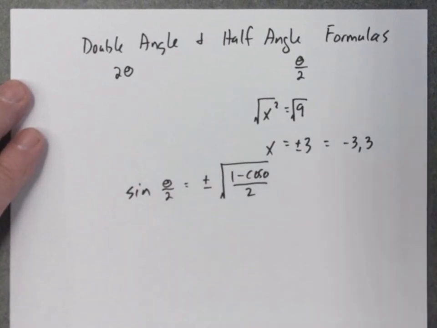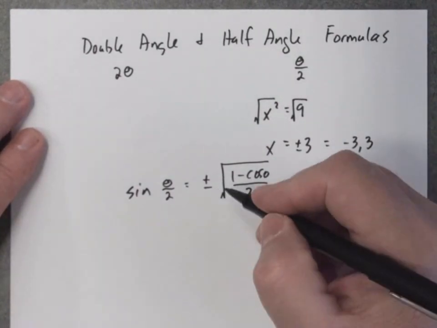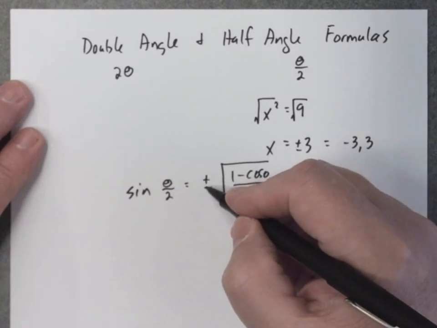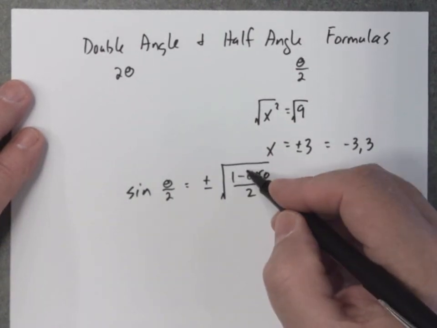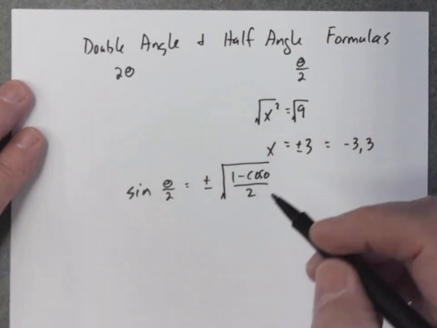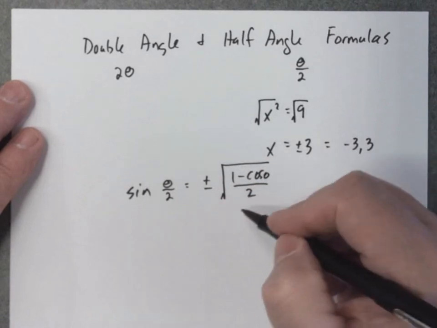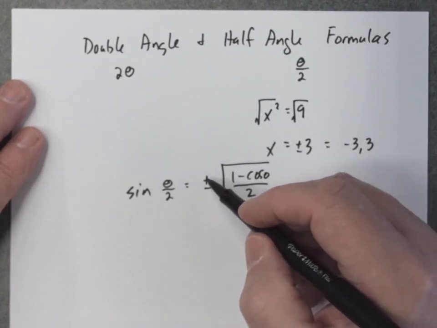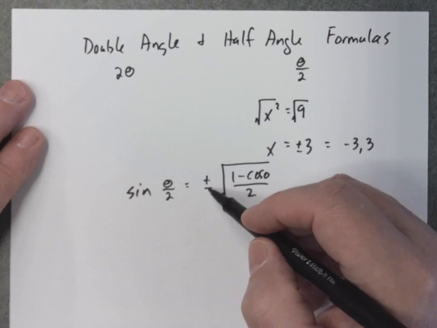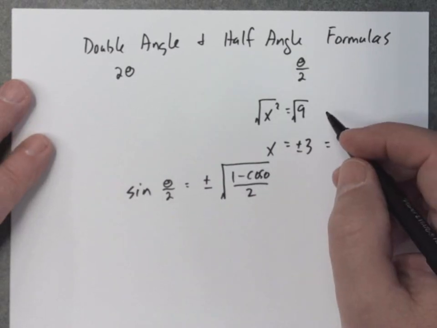So that's why we can work these out. But the point I'm making now is, you see this plus or minus? That does not mean there's going to be 2 answers, a positive answer and a negative answer. Instead, it means before you even do this calculation, you have to determine whether your answer should be a positive or a negative result.